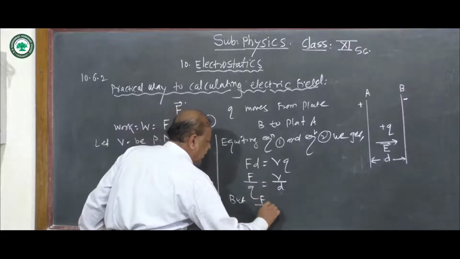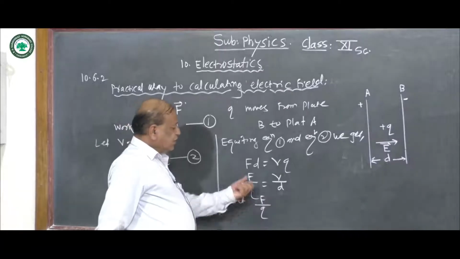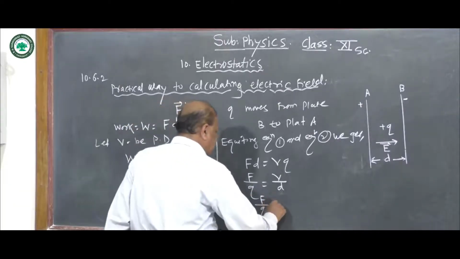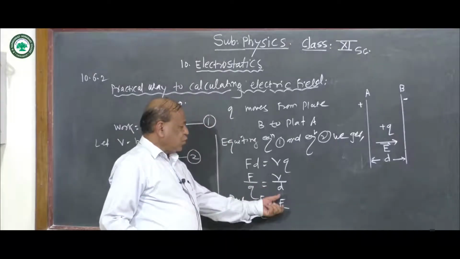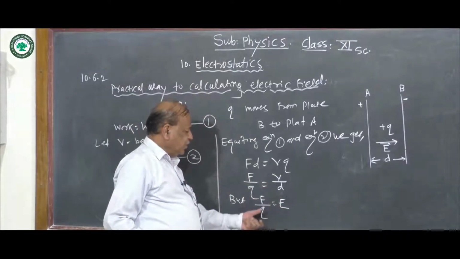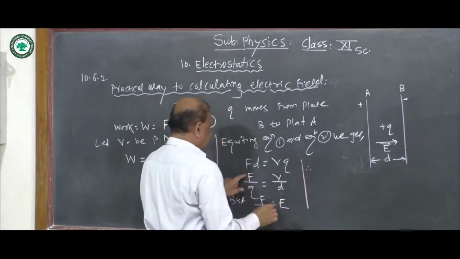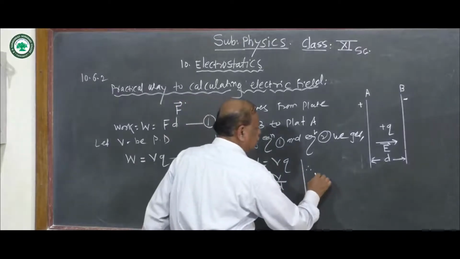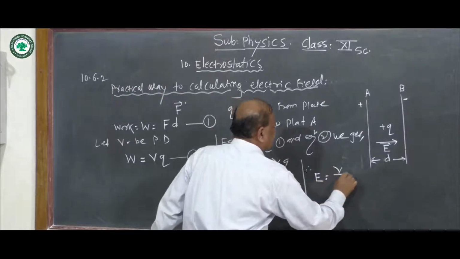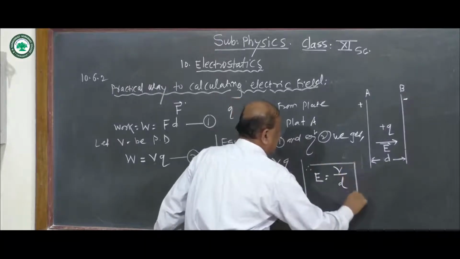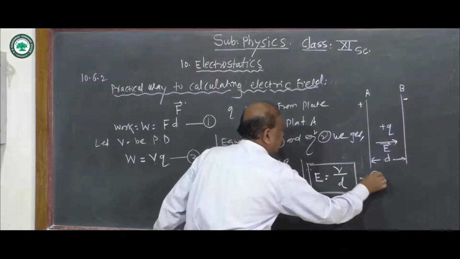This F upon Q, force divided by charge in magnitude, gives the electric field E. Magnitude of this electric field E is equal to F divided by Q, and therefore this equation becomes F upon Q is equal to E is equal to phi divided by d. This is equation number 3.